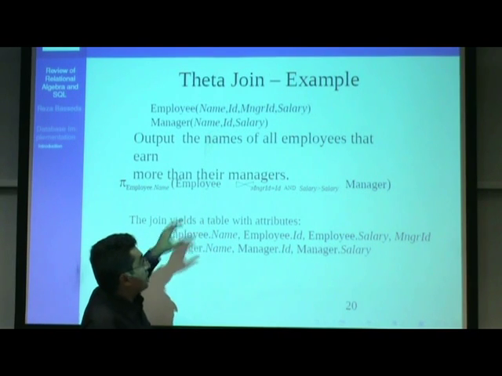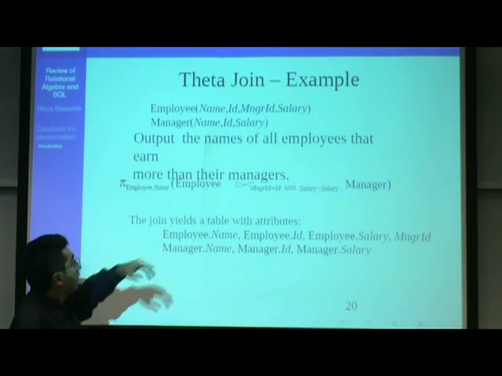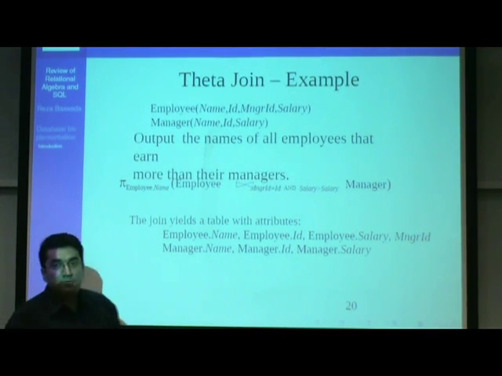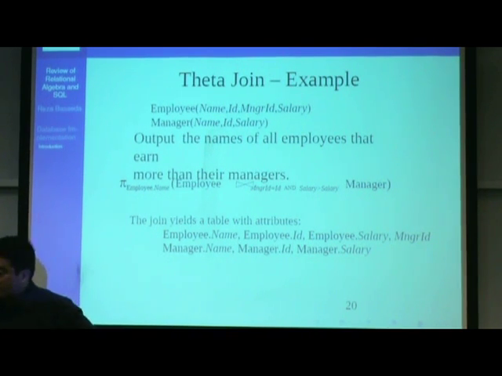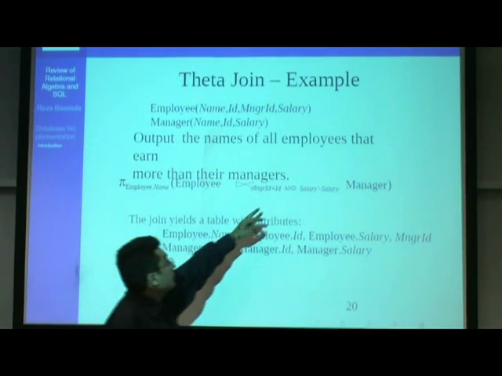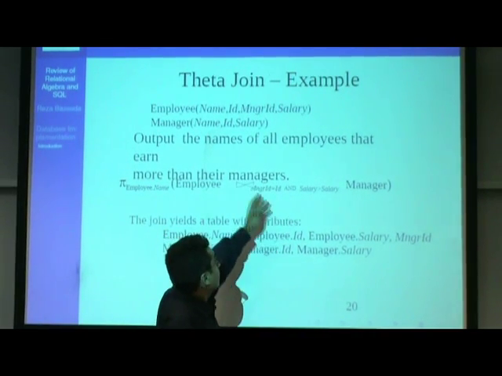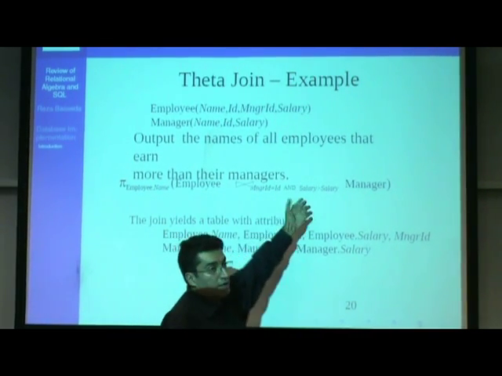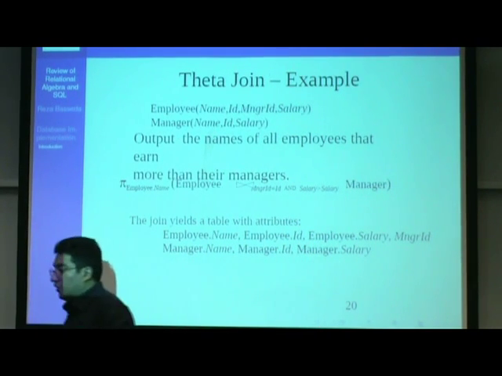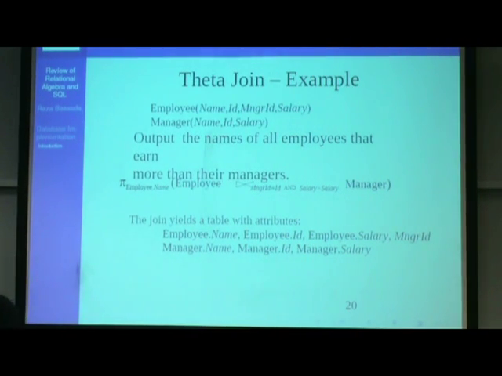But if we don't use that convention, this will be ambiguous. Why? Because we don't know which ID it is, ID from which table, or which salary it is. So we are using this convention to show which attribute we are pointing at.